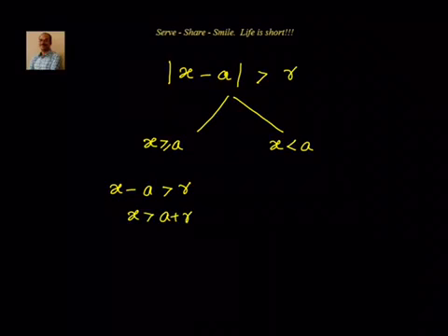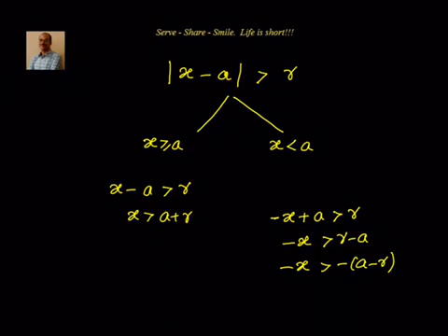Also here, modulus of x minus a is nothing but minus of, so I will have minus x plus a is greater than r, or can I say minus x greater than r minus a, or minus x greater than minus of a minus r, or can I say x less than a minus r. So x is greater than a plus r or x is less than a minus r.